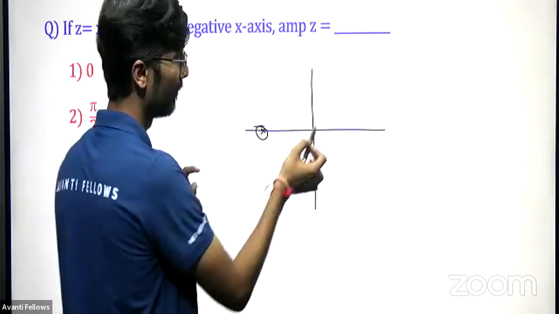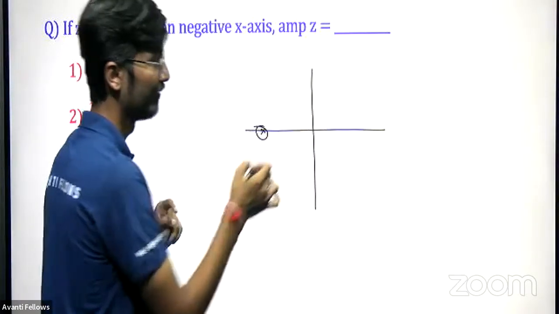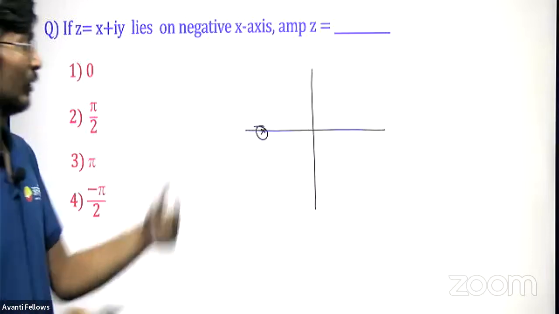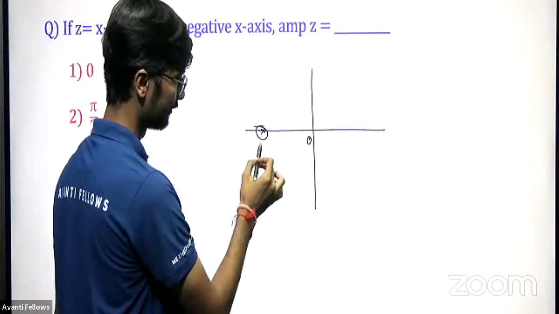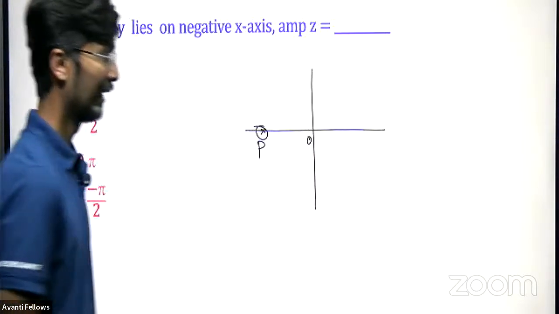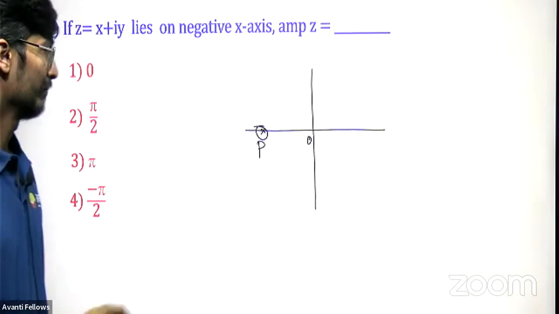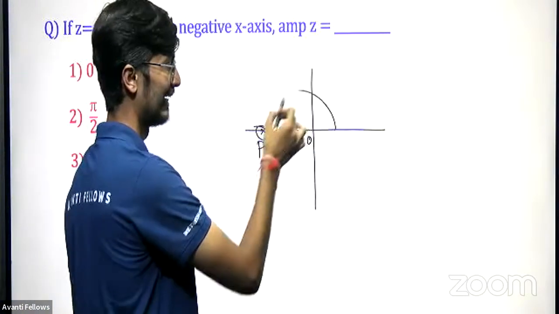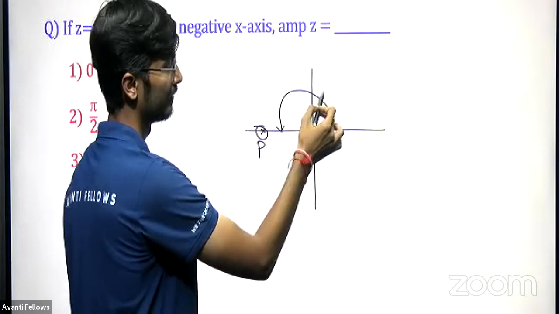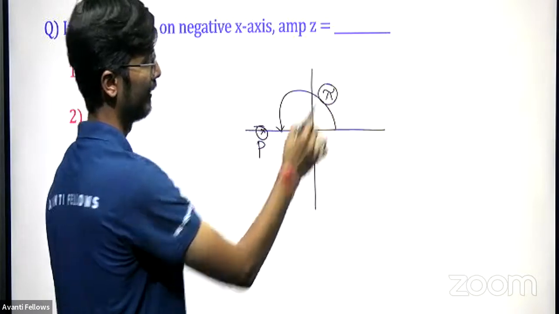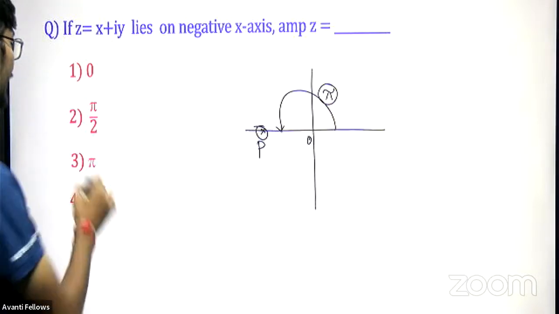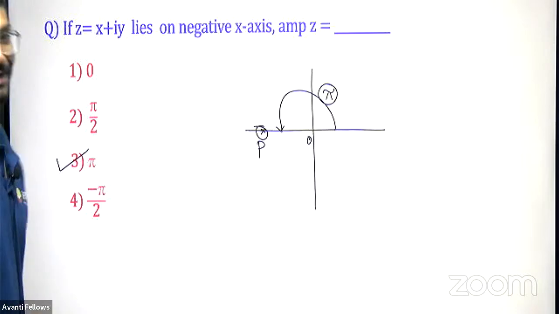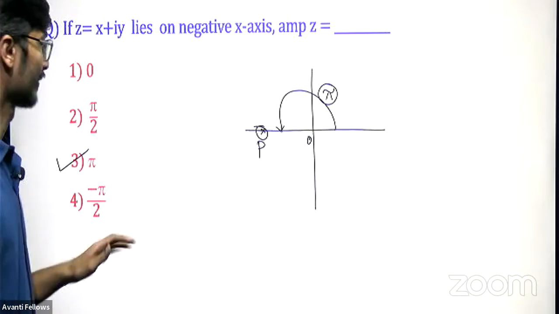It is the angle made by the line OP. This is O, this is point P, and this is the x-axis. So the angle made with the positive x-axis anti-clockwise is basically pi. So my answer is pi. Correct option is 3. Next.